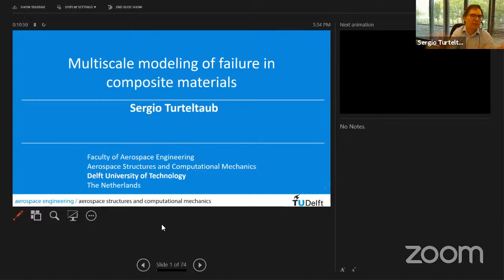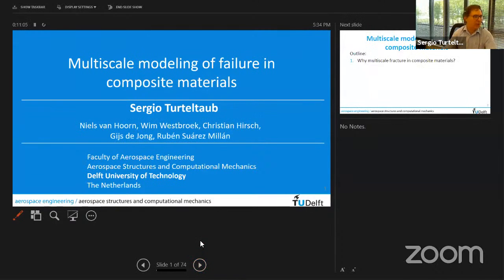It combines two important things: fracture mechanics on the one side and multiscale modeling on the other side. What I'm going to present today is actually not just my work, but work that I have been doing in collaboration with students. I've been very fortunate to collaborate with Niels van Hoorn, Wim Westbroek, Christian Hirsch, Gijs Jong, and Ruben Suarez Millan. All very smart people.